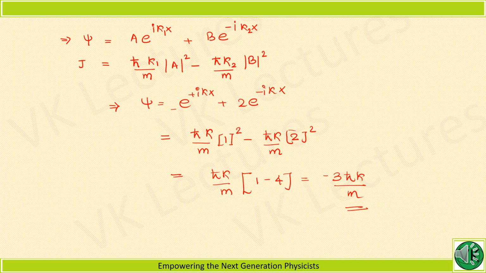This is another simpler method to find the current density J.